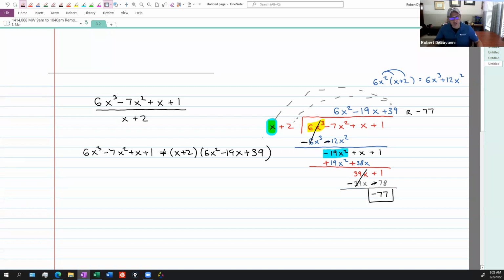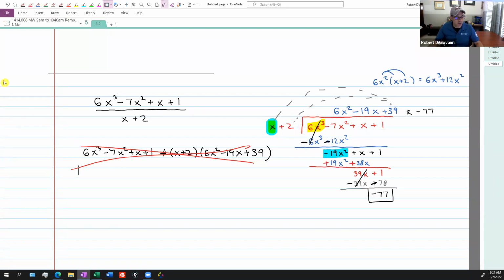That is not true, because the remainder was not 0. If the remainder was 0, then I could say this, but it's not. So it doesn't factor this way. Does that make sense? We need the remainder of 0 for us to be able to say it factors.